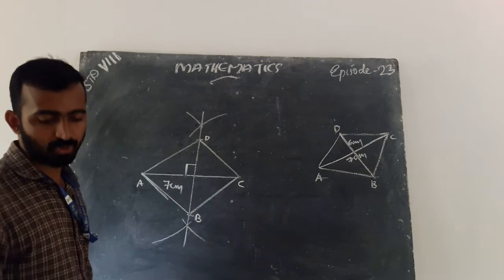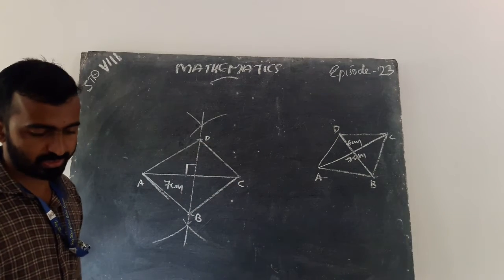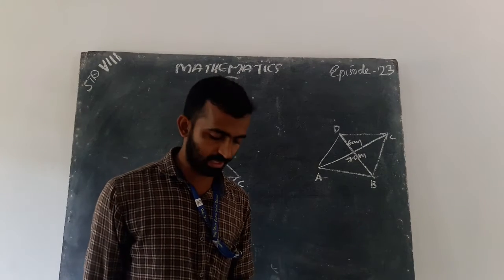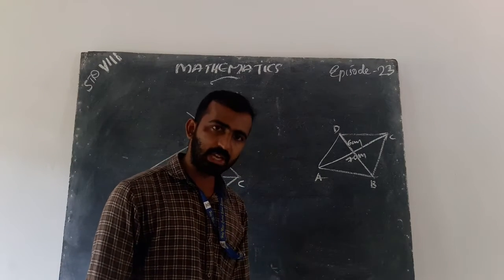We get the rhombus. This is our required image.